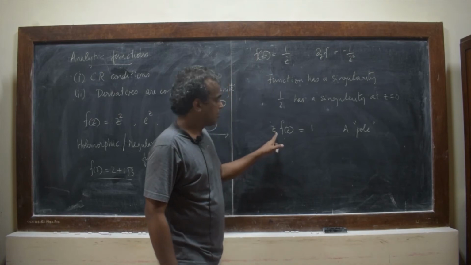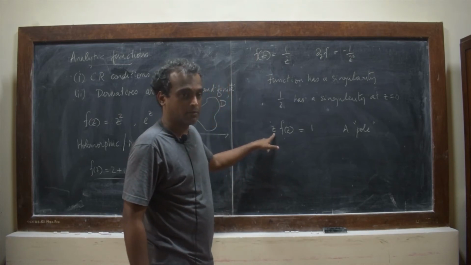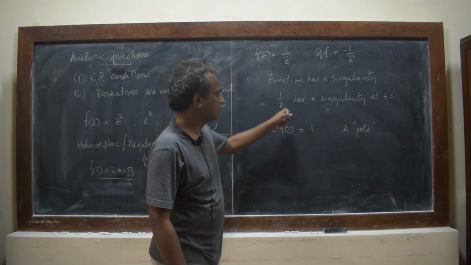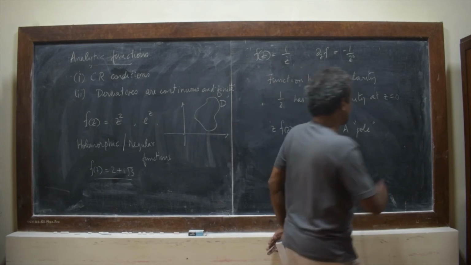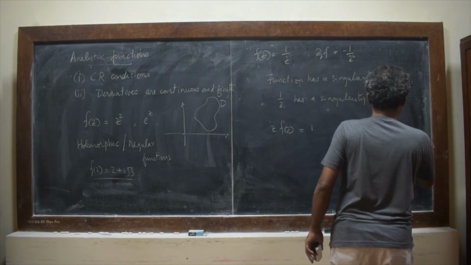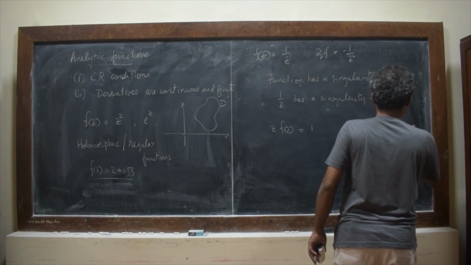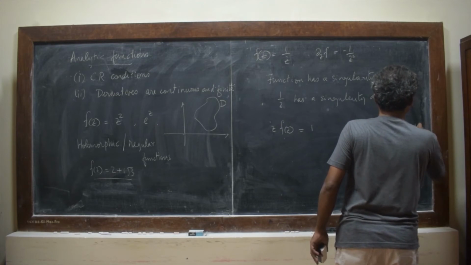Depending on the degree of the polynomial that you have to multiply with in order to remove that singularity, we say that that particular pole has an order.